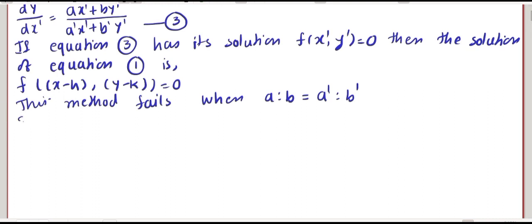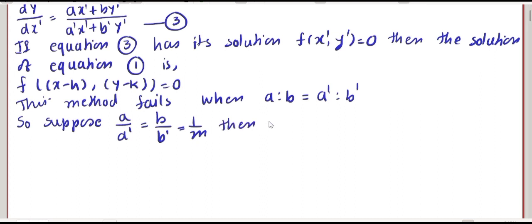So suppose a by a dash is equal to b by b dash, which we consider as 1 upon m. Then from this equation we get the value of a dash is equal to am and the value of b dash is equal to bm.